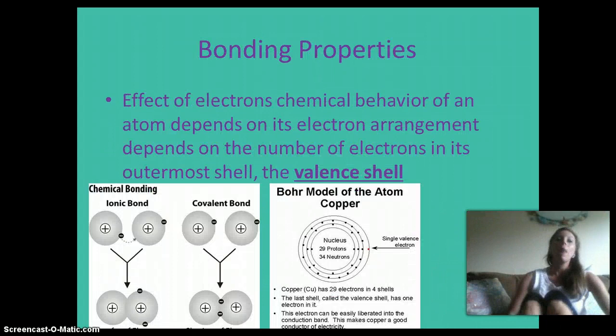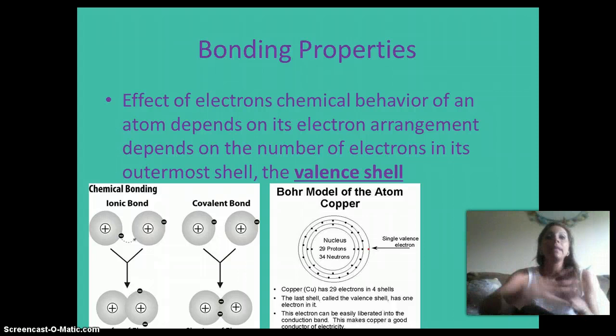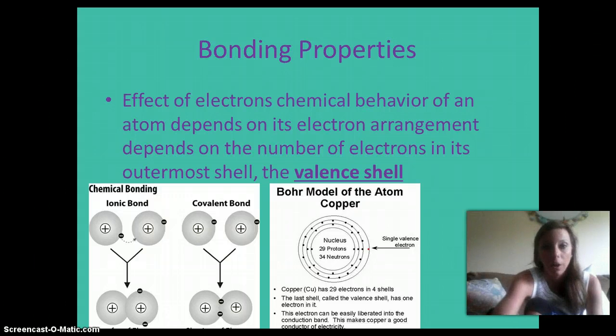So now we're going to talk about bonding properties and how and why elements bond. It is basically because of the electrons why they are going to bond from one atom to another. So the chemical behavior of an atom depends on its electron arrangement, which also depends on the number of electrons in its outermost shell, which is called the valence shell.